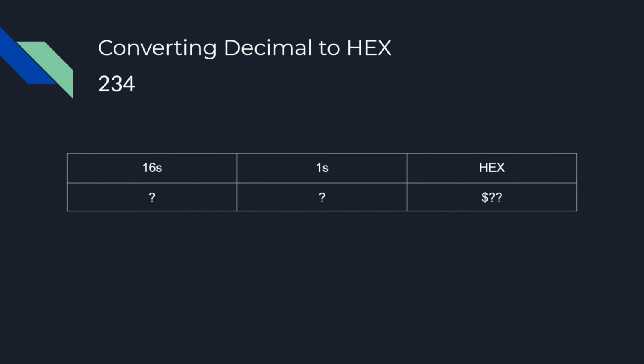Now, this is a little different and more difficult because we are taking our standard decimal system and converting to a higher one. The following math does the same thing that we did in binary, just dealing with the complexities of a higher order system. However, it is still asking how many 16s are in 234, and then asking how many 1s are in 10, which is what's left over.